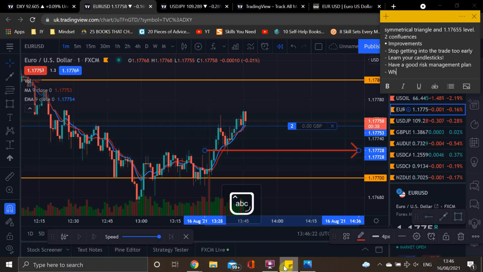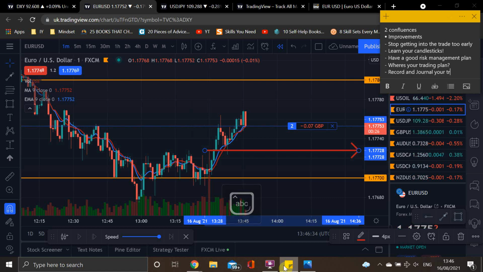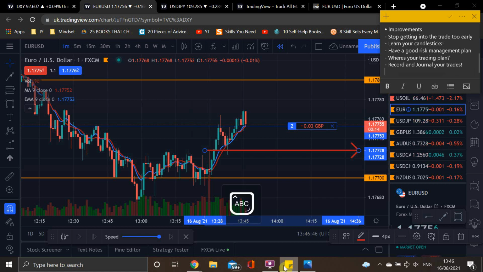Where's your trading plan? Record your trades. Record and journal your trades. Yeah, that's it. And just backtest as much as you study. It should be equal.